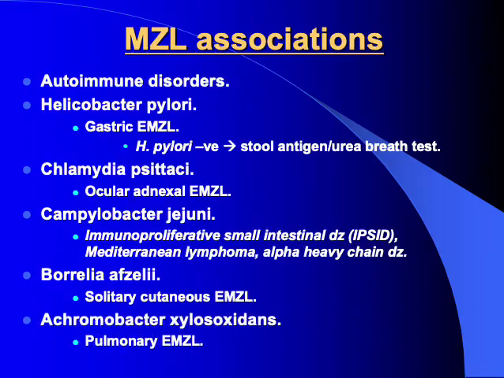Achromobacter is also associated with pulmonary or lung extranodal marginal zone lymphoma. The only one of those is the gastric lymphoma, where the treatment of H. pylori could lead to a treatment of the lymphoma. So eradication of the H. pylori is considered treatment for most of the gastric lymphoma, especially in the early stages.